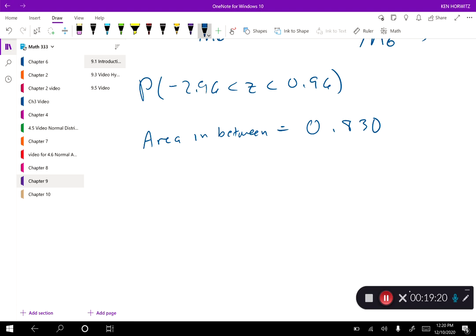So I am basically saying that this is the probability that I will not reject given that mu equals 77, meaning H0 is false, right?